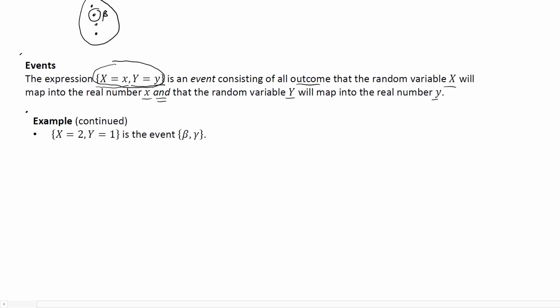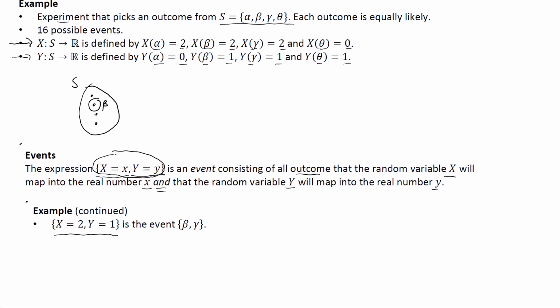Continuing our example, let's consider the event capital X equal to 2, capital Y equal to 1. So now I just have to go through all possible outcomes and see if I can find any that X will map to 2 and Y will map to 1. So let's look at them. Alpha will not work. Even though X maps alpha to 2, Y will map it to 0.